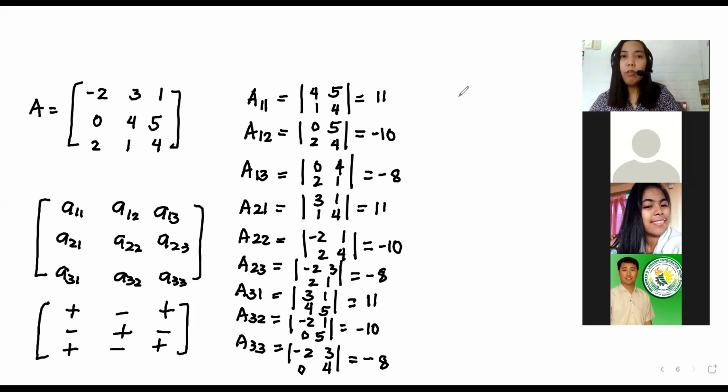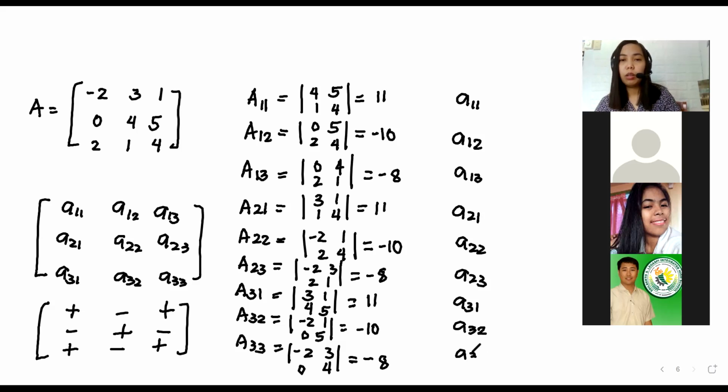So we denote cofactors, lowercase naman, A11, A12, A13, A21, A22, A23, A31, A32, A33. 1 plus 1, it's 2.